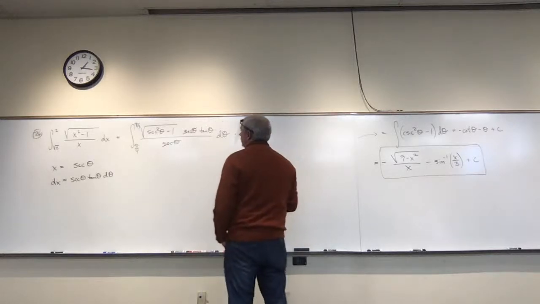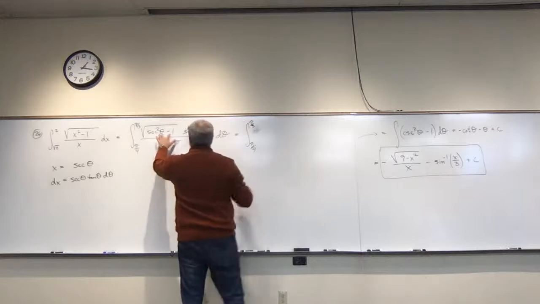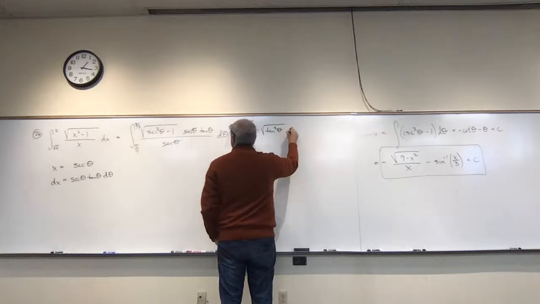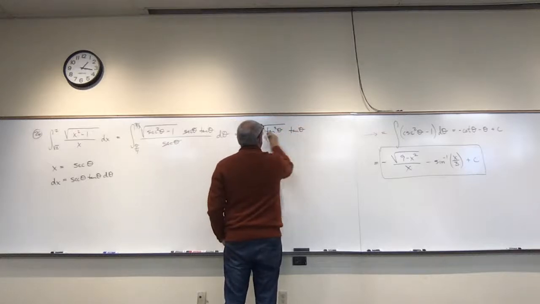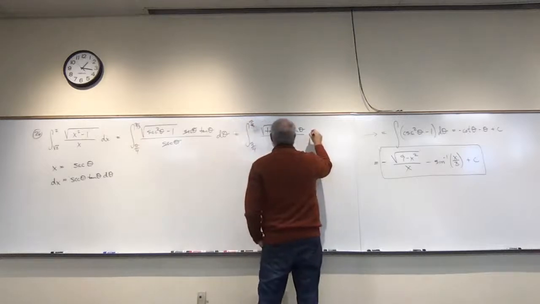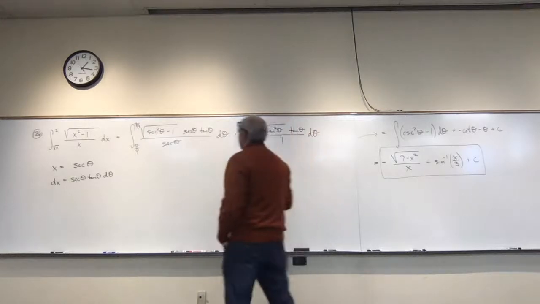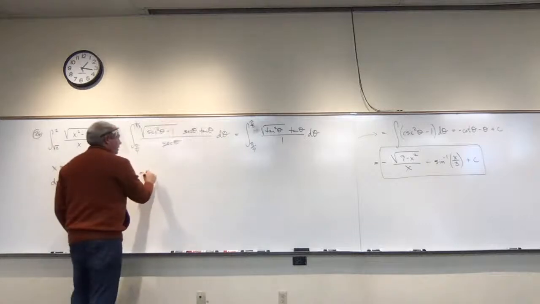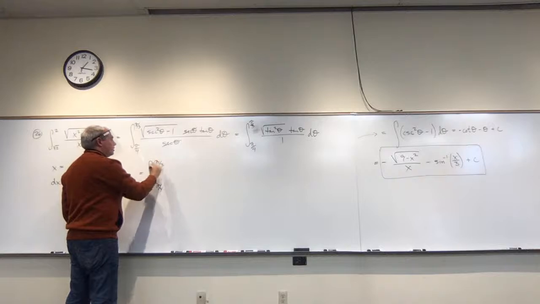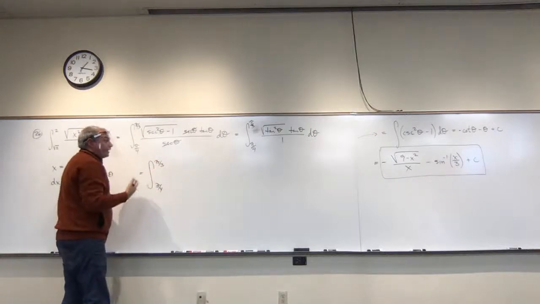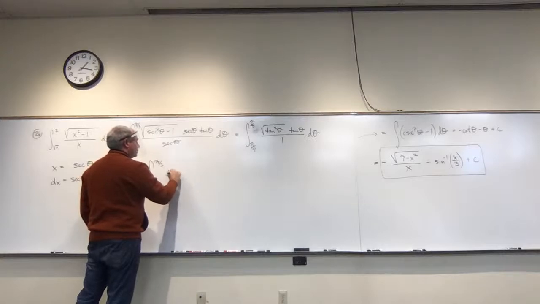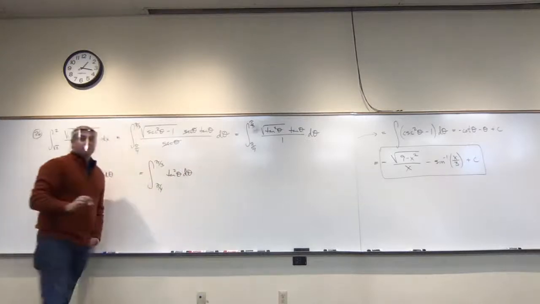Okay, and then we have square root of secant squared theta minus 1, which is tan squared of theta, square rooted, times tan theta, divided by nothing, right? 1 d theta. So this is just equal to integral pi over 4 to pi over 3 of, once I square root that tangent squared, it's just tangent, so I just get tangent squared theta d theta.